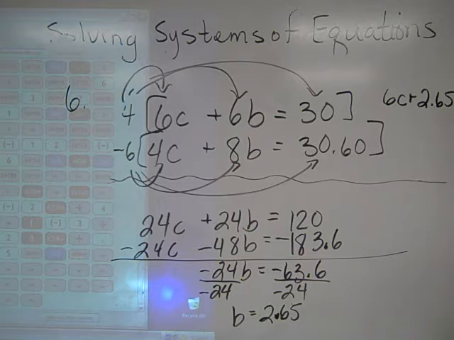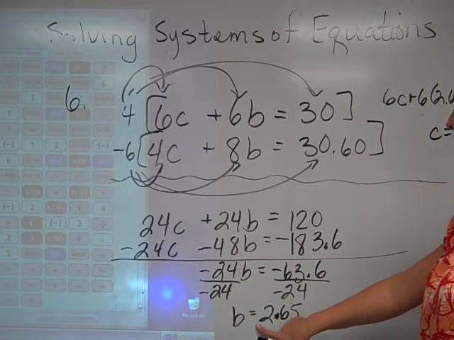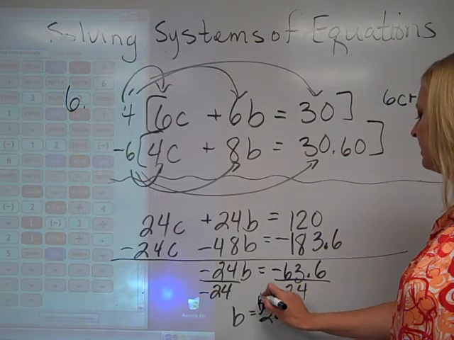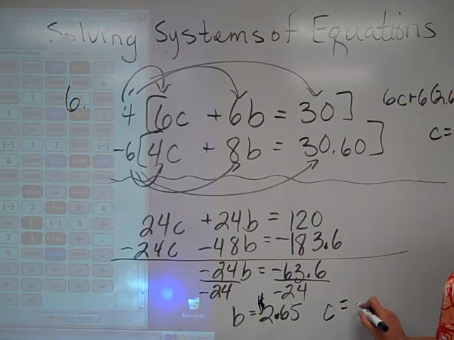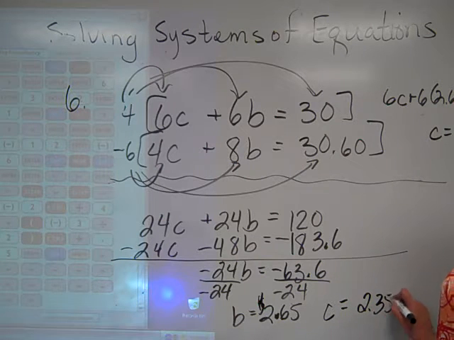Let's try that again. 6 times 265. Solving this, we find that C is equal to $2.35. So then, a beef sandwich will cost $2.65, where a chicken sandwich will cost $2.35.